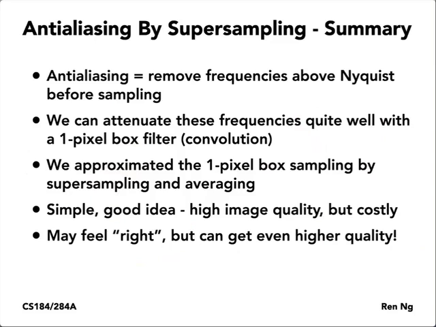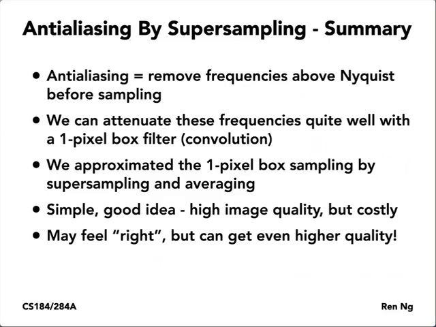So let me give you a summary of anti-aliasing by super sampling. Let me start again from the foundations that we tried to build. Anti-aliasing is removing frequencies above the Nyquist before we sample. I made an observation a few slides ago that we can attenuate or reduce those frequencies above the Nyquist.